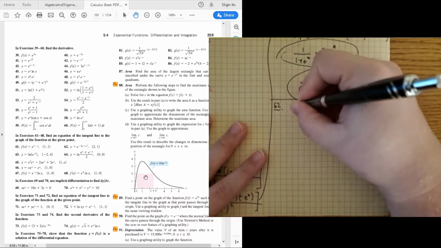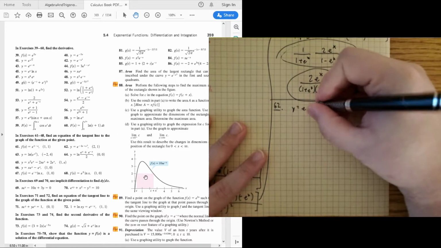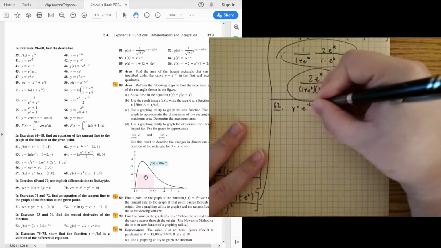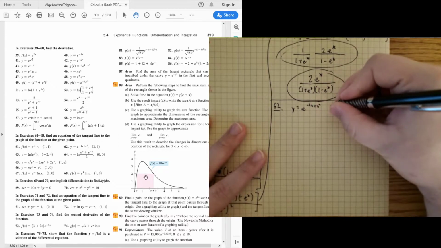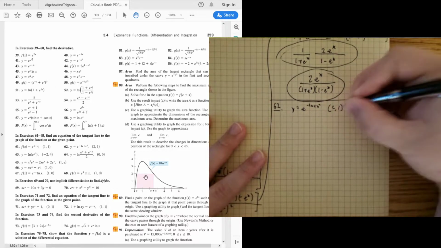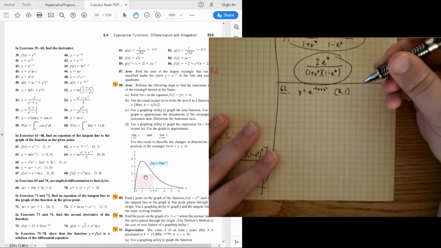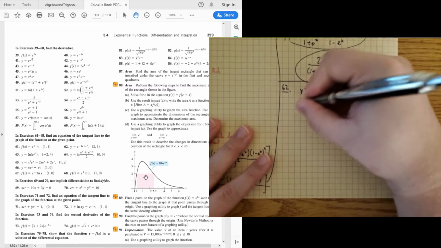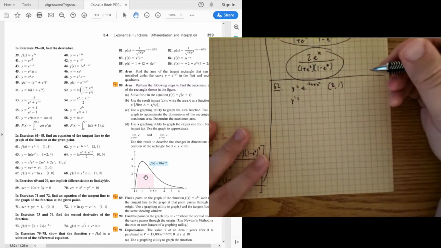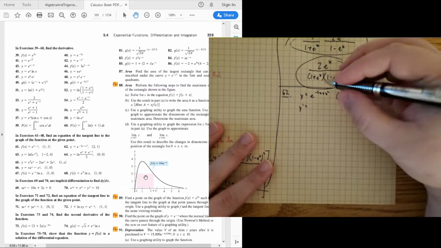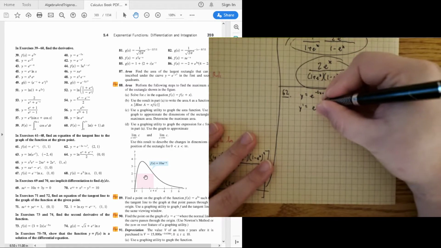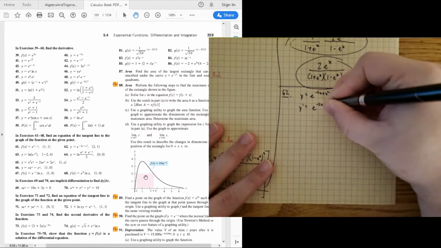We have y equals e to the negative 2x plus x squared, and we're looking at the point 2, 1. Let's talk about y prime first. So y prime, I would take the derivative of this function. Well, the derivative of e is e with no change.